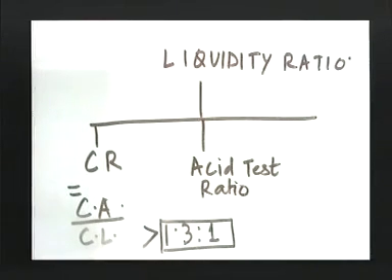That means, for every $1 of liability that the company has, it must have at least $1.3 of assets available in the current form.